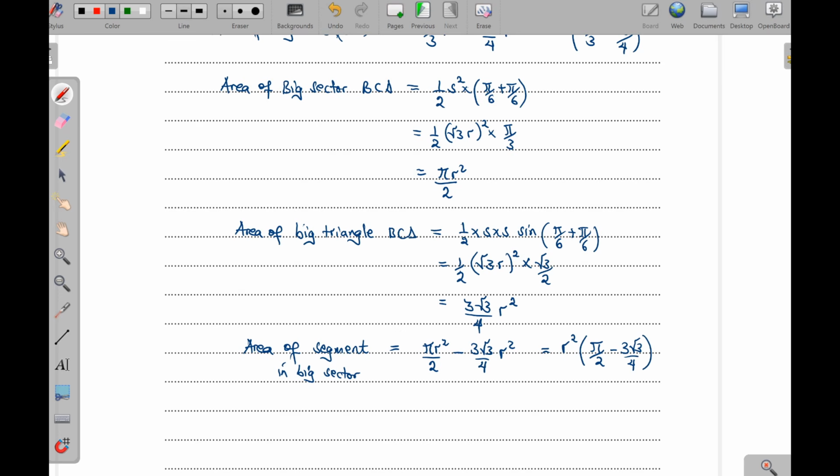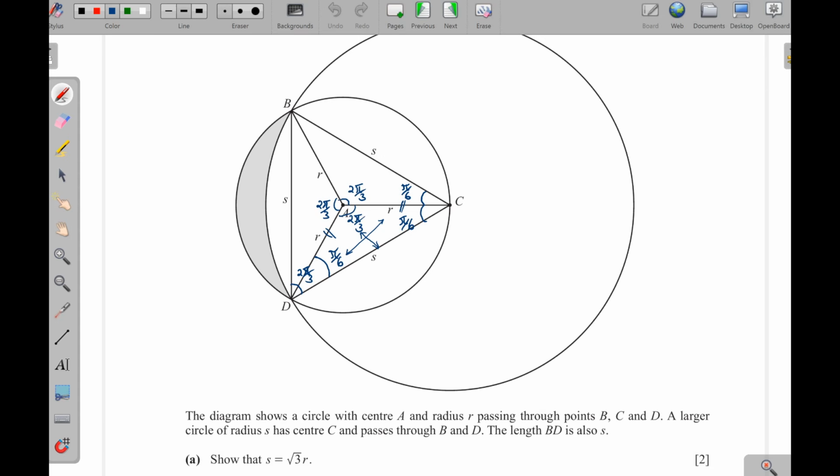Now, since we have gotten the area of this one, and we also got the area of this whole thing, that means the shaded area will be equal to the area of the segment we got at first for this smaller one, then minus this other one we have gotten, okay?